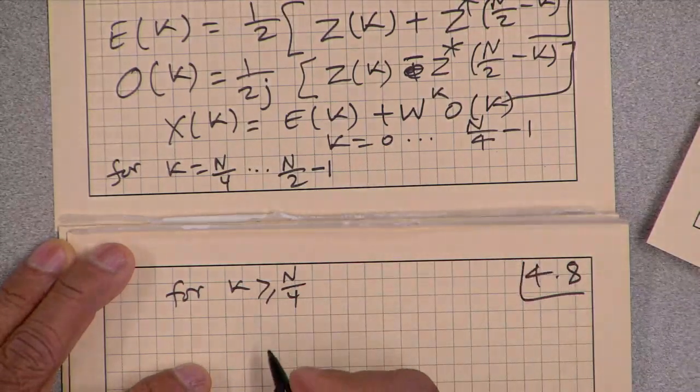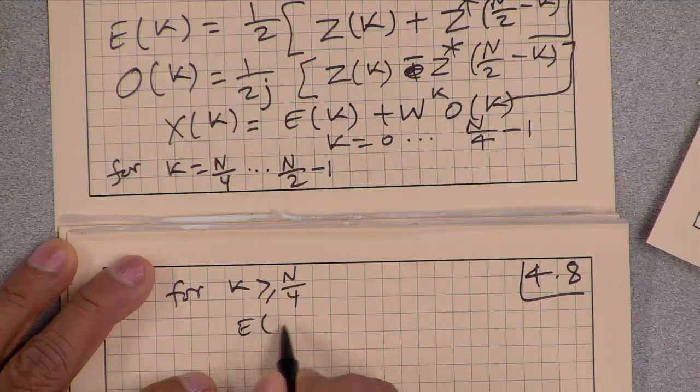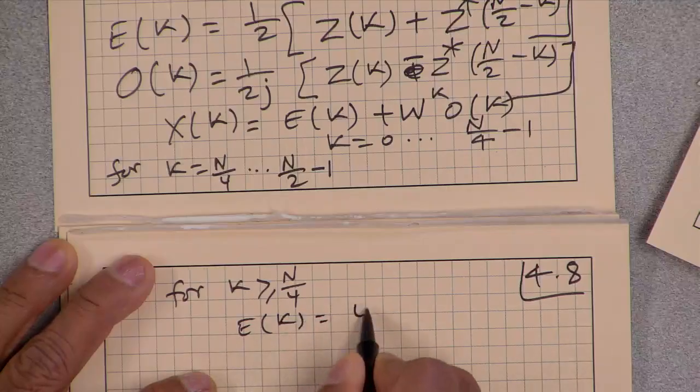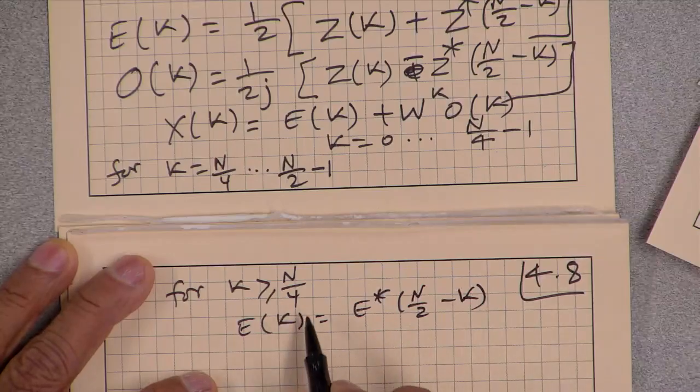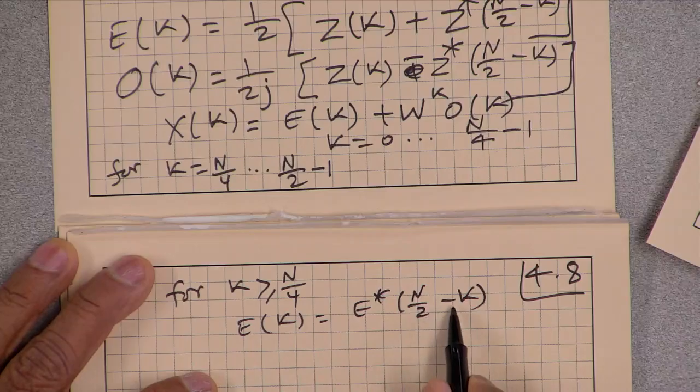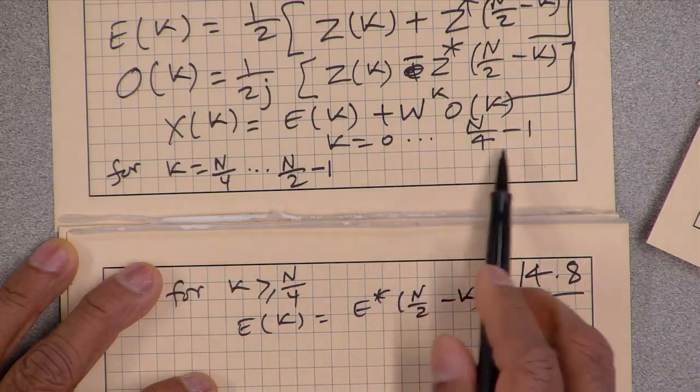So if I use that property, Ek is equal to E conjugate n by 2 minus k. That should be more than enough, right? So if say k is n by 4 plus 1, this will be n by 2 minus n by 4 minus 1. And that will lie in the range 0 to n by 4 minus 1.